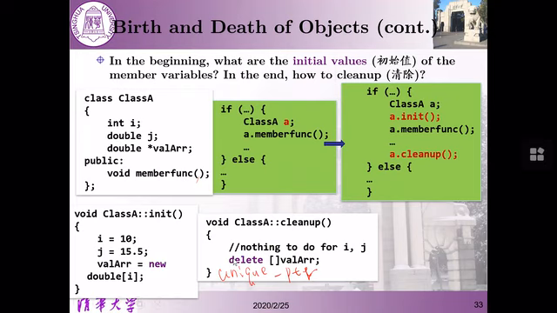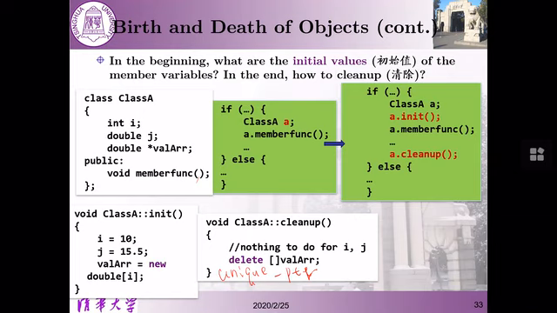What does memory leak mean? We allocated memory and used it, but we forgot to clean up. For example, here, if we forget to delete, then this memory will not be freed. It will be lost, and it will leak to the system.